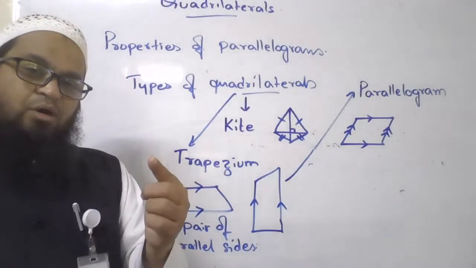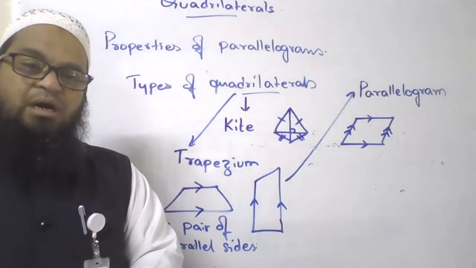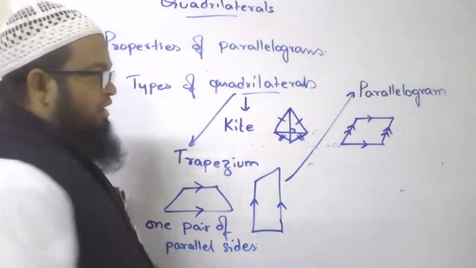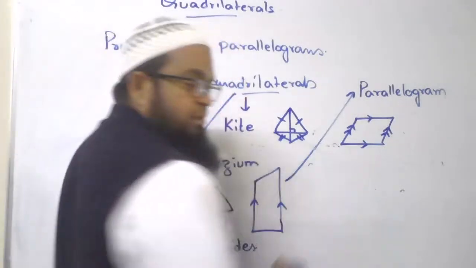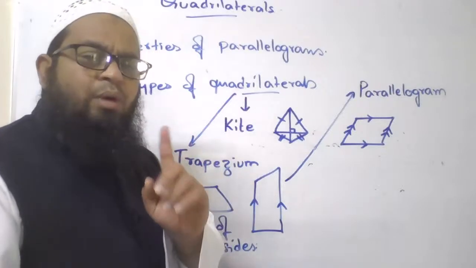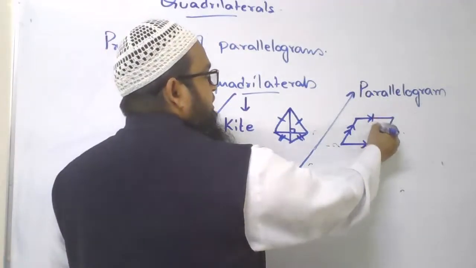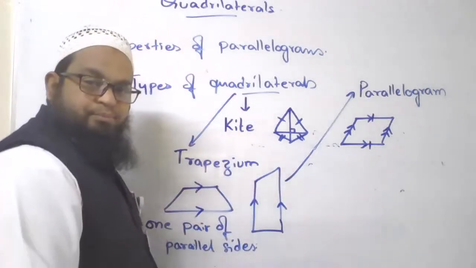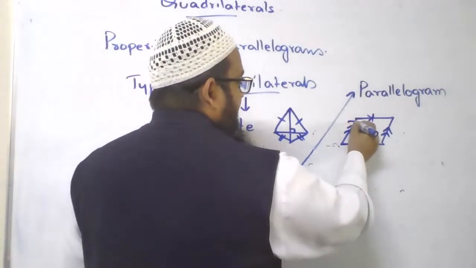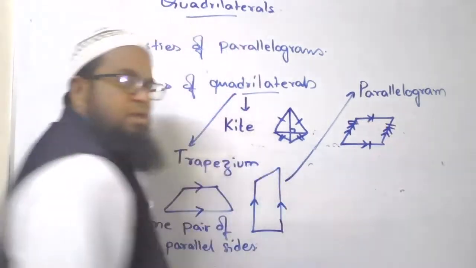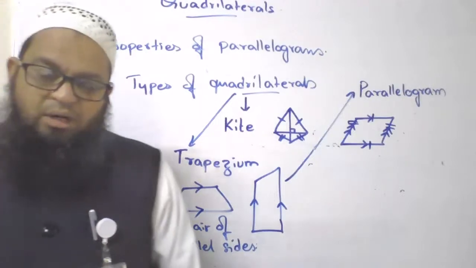Okay. From parallelograms, which other quadrilateral can be deduced? From this parallelogram, only one property I'll explain here. In a parallelogram, opposite sides are equal. Understood or not?